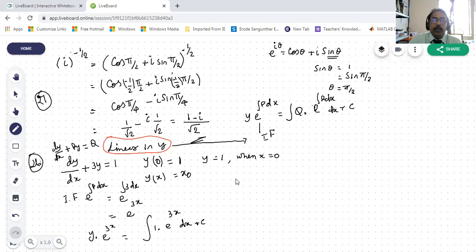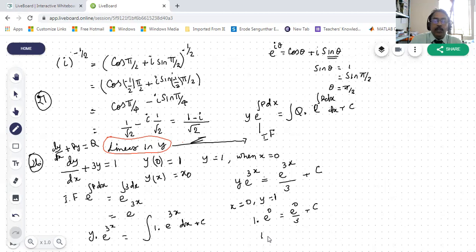So y into e power 3x is equal to e power 3x by 3 plus c. X is equal to 0 implies y is 1. So 1 into e power 0 is equal to e power 0 by 3 plus c.